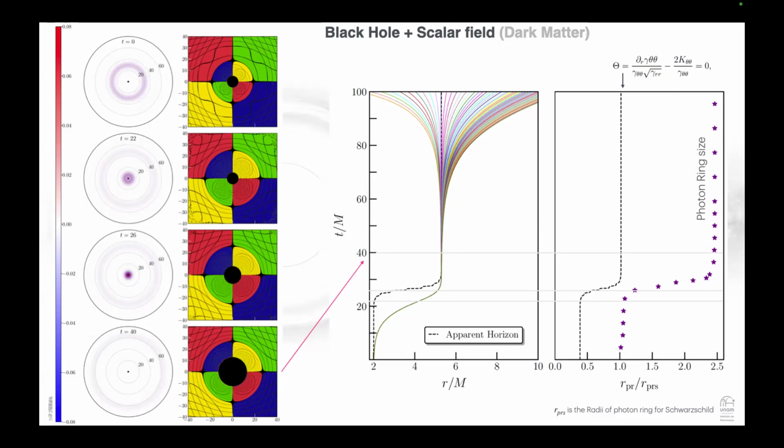Why? Well, it's tricky because we want to track the evolution of the apparent horizon. If you are a photon, you believe that you will escape, but because of the strong gravity and you are accreting, you are not escaping.